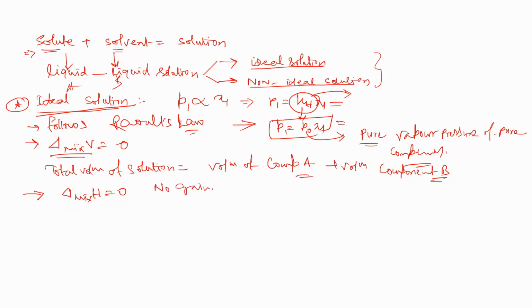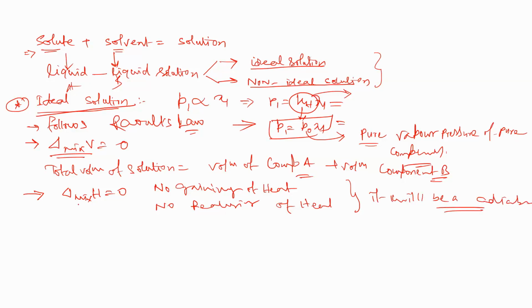That means it will be an adiabatic process. There will be no change of heat. It will not be an exothermic process, and it will not be an endothermic process.